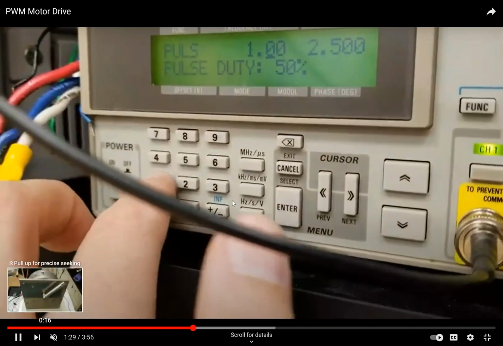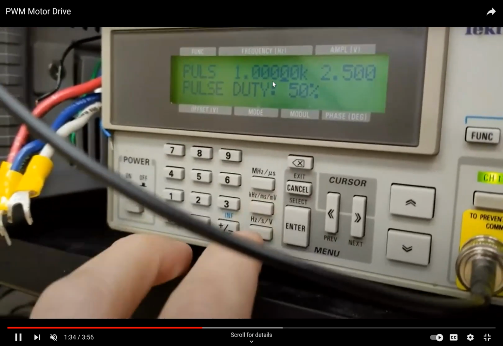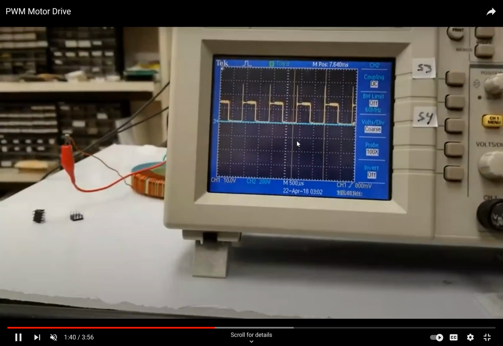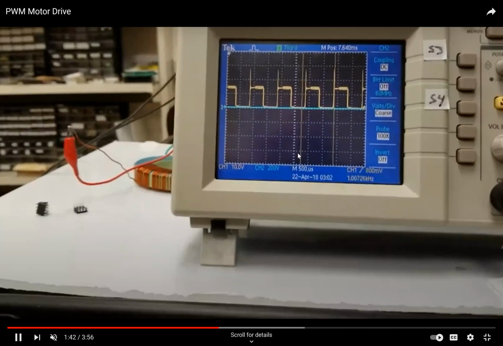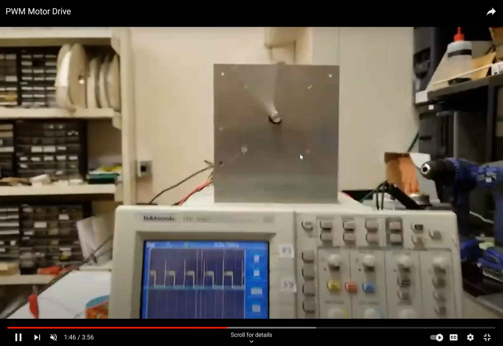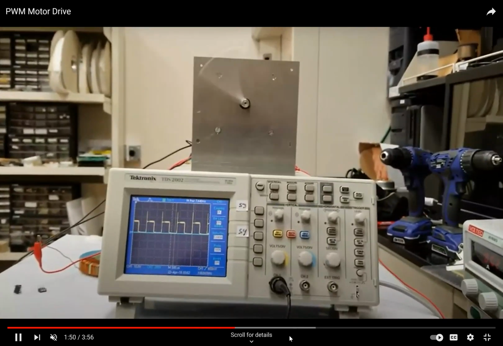So I changed the frequency to 1 kilohertz. Then I zoom in on this. There you go. So now you can see that's a 1 kilohertz waveform. And that's just noise. Now this is that behavior of two things happening together.